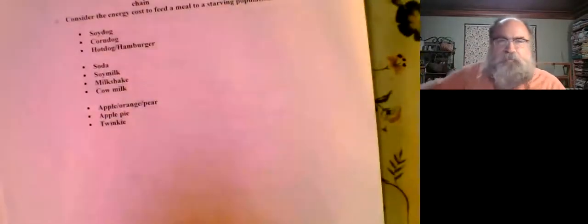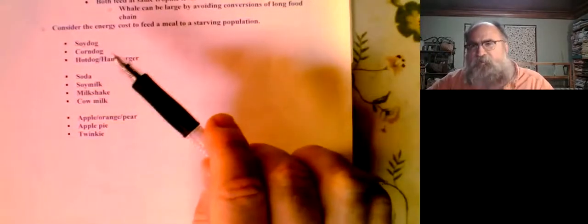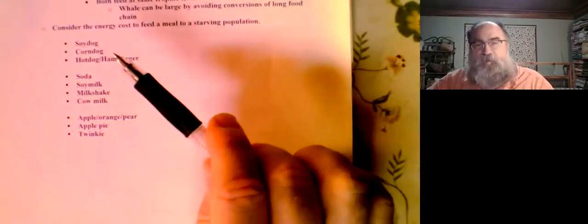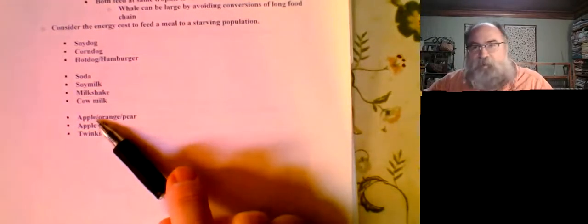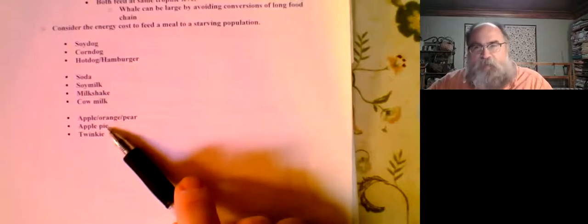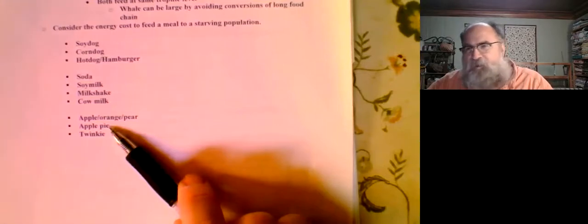Okay, so when we look at the energy cost, it's not just trophic level, but also how much processing, right? An apple, you just pick it off the tree. An apple pie, well, you're expending energy, you're cooking that apple, you're mixing the ingredients with a blender.